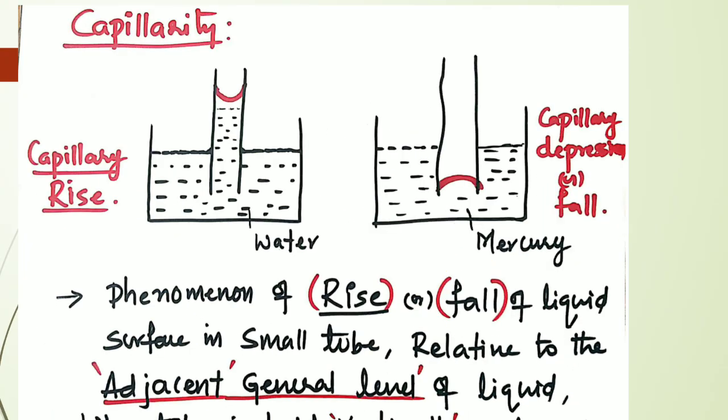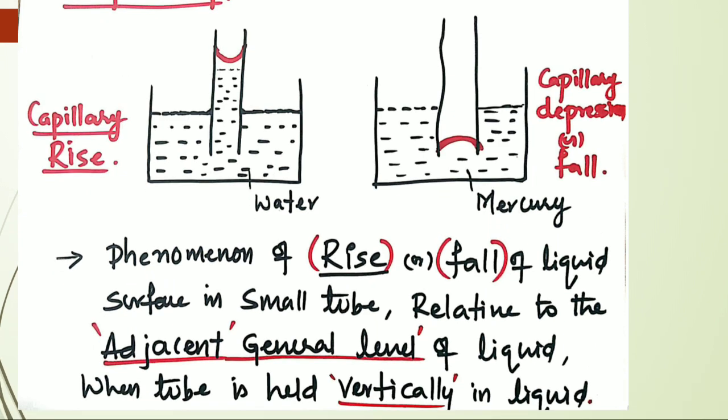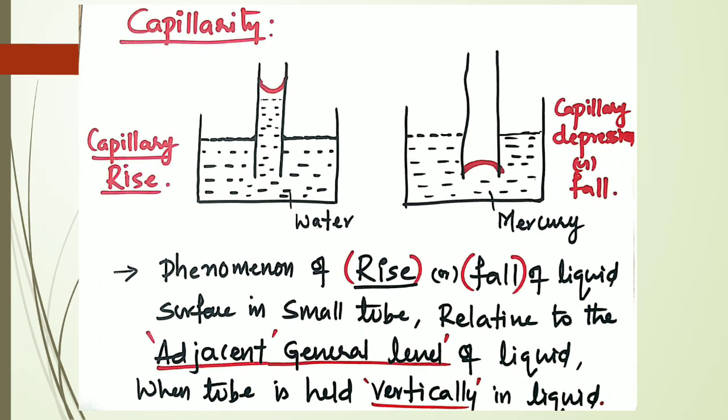So altogether it is a phenomenon of rise or fall of a liquid surface in a small tube relative to the adjacent general level. What is that adjacent level? The mark of the beaker, the level of the beaker. When the tube is held vertical in the liquid, it is called capillarity.